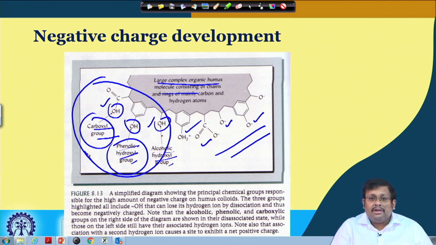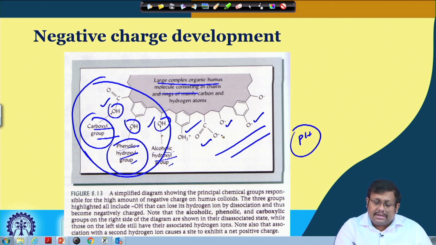Remember, whatever charge is developed in the organic humus, this is a pH dependent charge. This is not a permanent charge, this is a pH dependent charge or variable charge, and as a result of that you can see either the development of negative charge or the presence of positive charge, as we have seen in case of clay mineral, depending on the surrounding pH conditions.